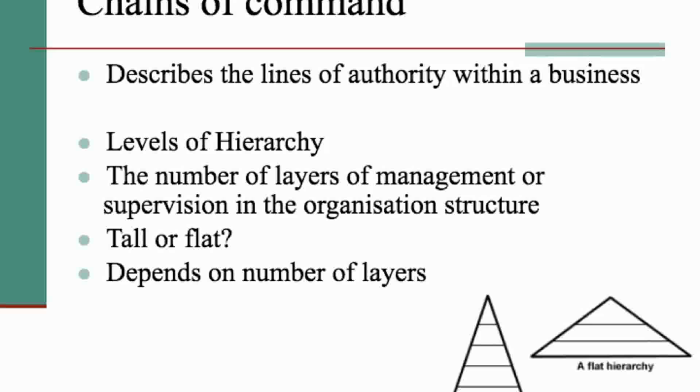So on page 11 it talks about a flat structure where there are fewer levels. So in this last half of page 11, I would like you to draw in the triangle that represents a flat hierarchy. So it's going to be not very tall, it's going to be quite wide at the bottom.